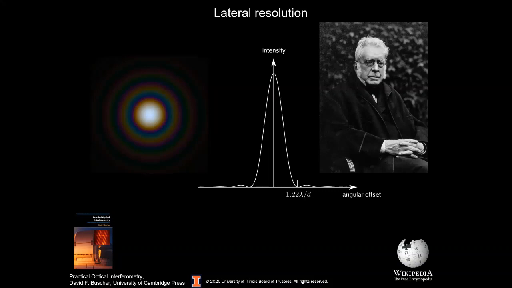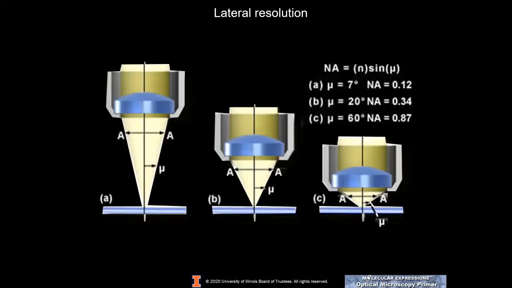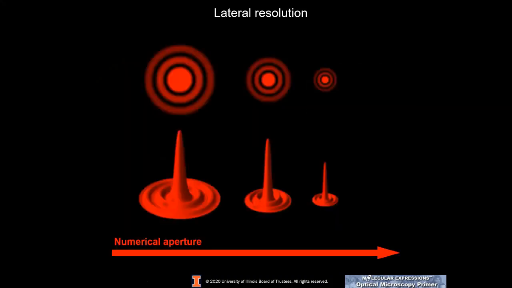Another factor affecting the width of the Airy pattern is the numerical aperture of our system, which is defined by the angle of collection of the light and the index of refraction of the medium between the object and the optical system. The higher the numerical aperture, the narrower the Airy pattern will be.